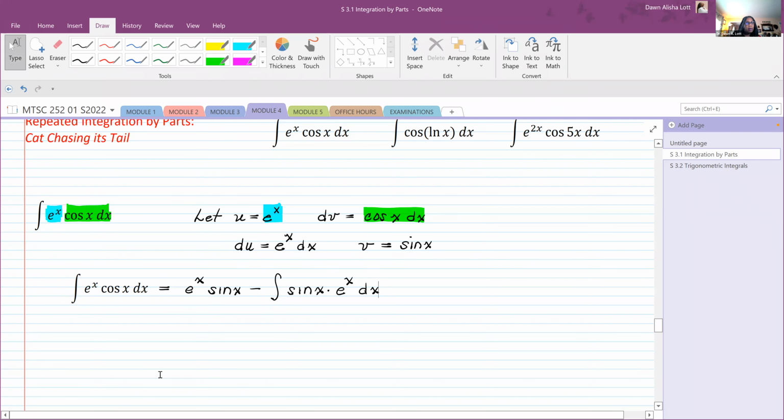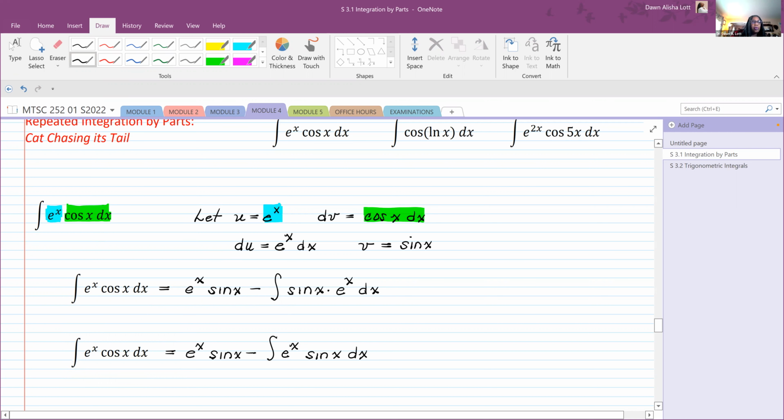And so now I get that the integral of e to the x cosine of x is equal to e to the x sine x minus an integral that looks like the one I started with.